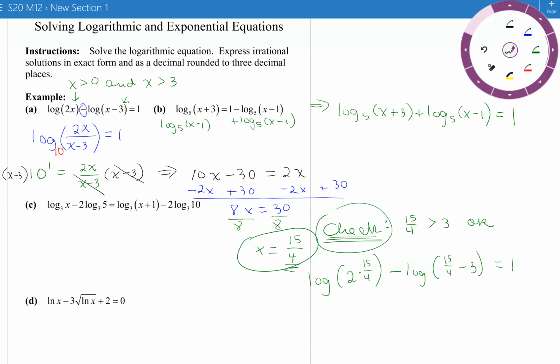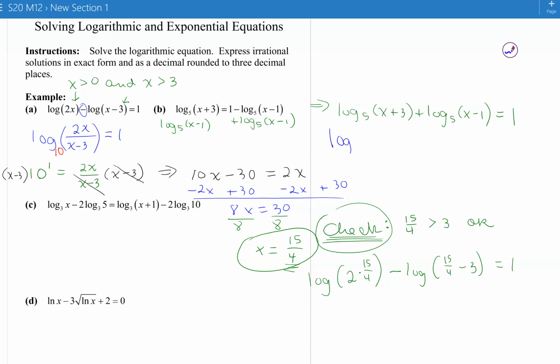So then I'm going to combine my logs into a single log using that product property. So I'm going to have as a product inside my logarithm x plus 3 times x minus 1, and that has to equal 1.